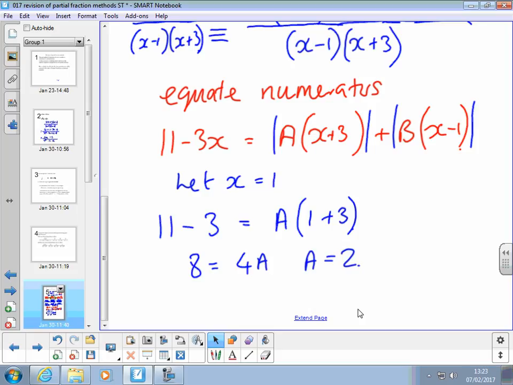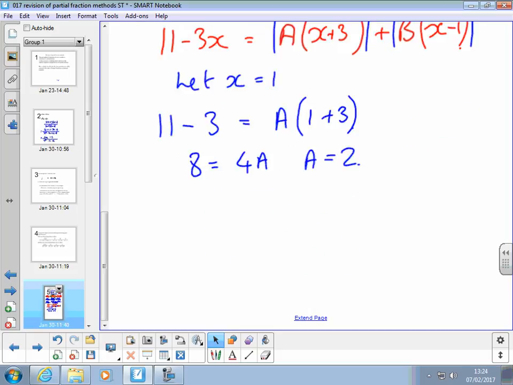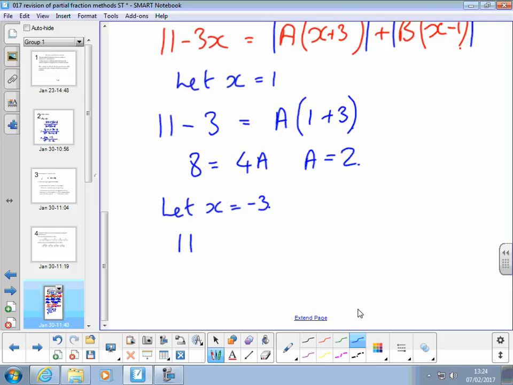Everyone happy with that? And then we also let x equal minus 3. That means 11 minus 3 times minus 3 is equal to B times minus 3 minus 1.